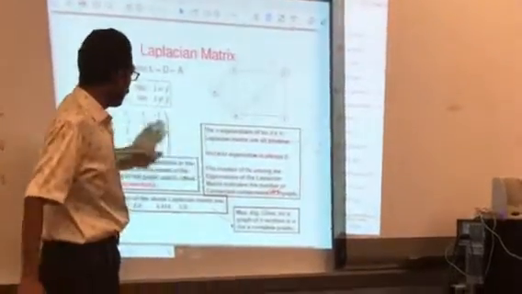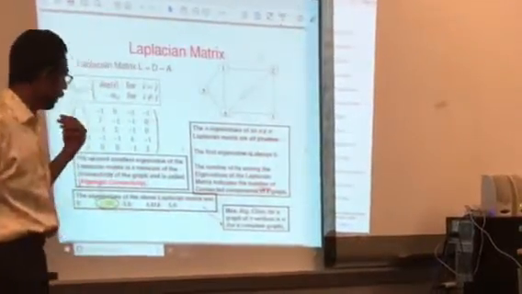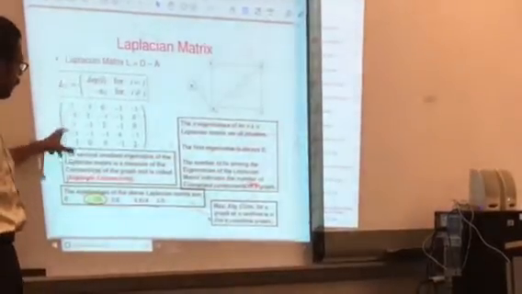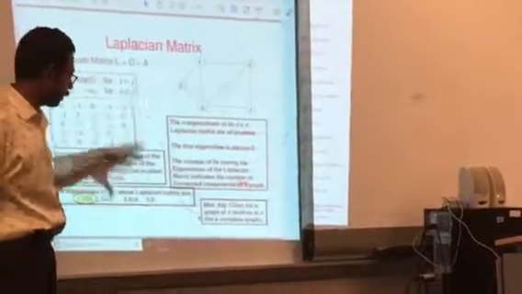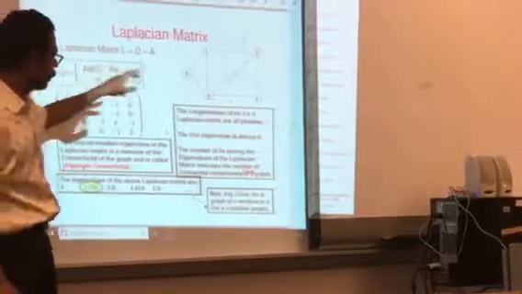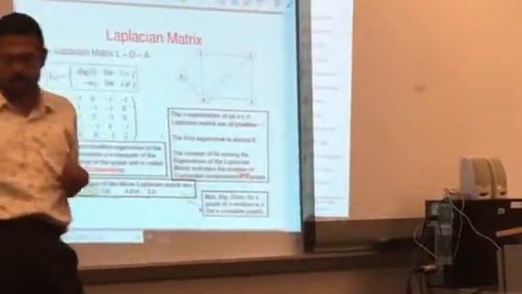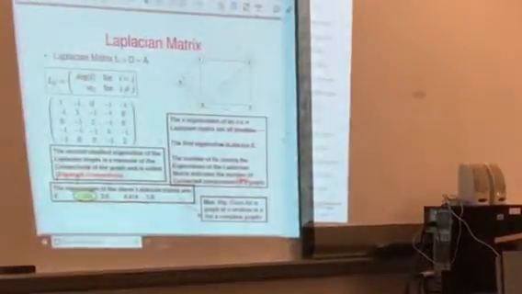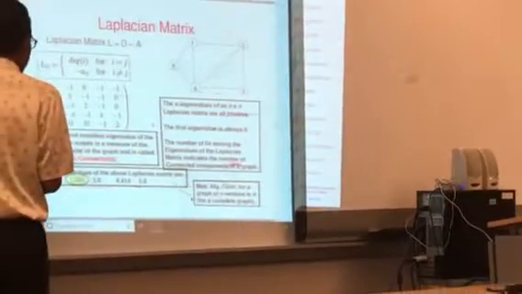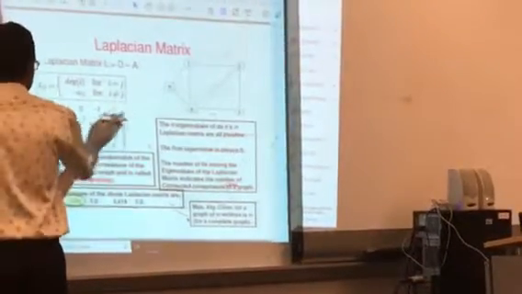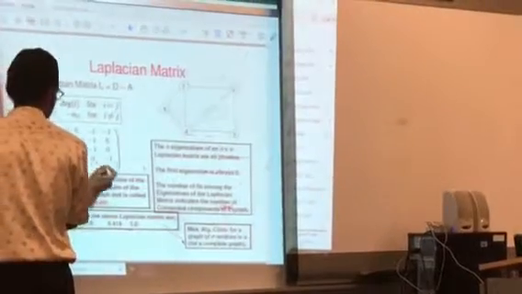Okay? So how to find the Laplacian matrix? It's very simple. It's a square matrix. It has the same number of rows and columns as the number of vertices. So this has 5 vertices, so you have 5 rows and 5 columns. The diagonal is nothing but the degree of the vertices.